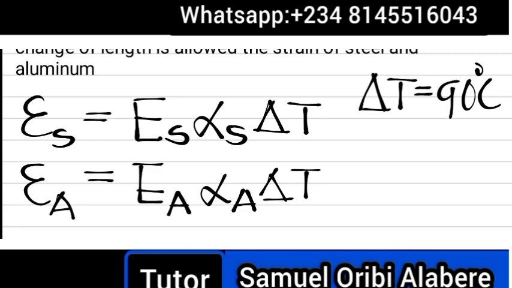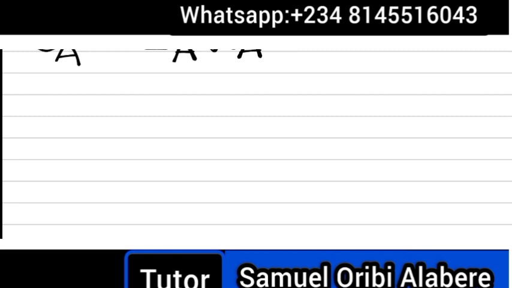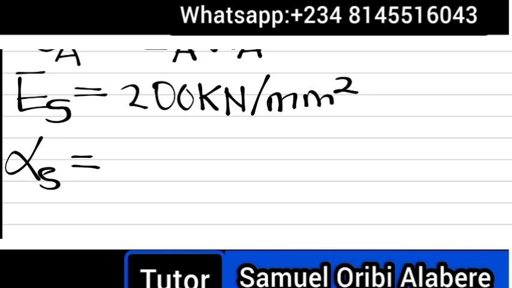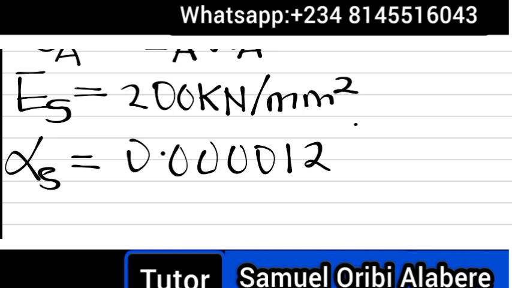So let's substitute our values. Let's take note of what all of these other values stand for. We should remember that the Young modulus of steel is equal to 200 kilonewton, as given in the question, per millimeter square. The linear expansivity of steel is equal to 0.000012 per degree Celsius.